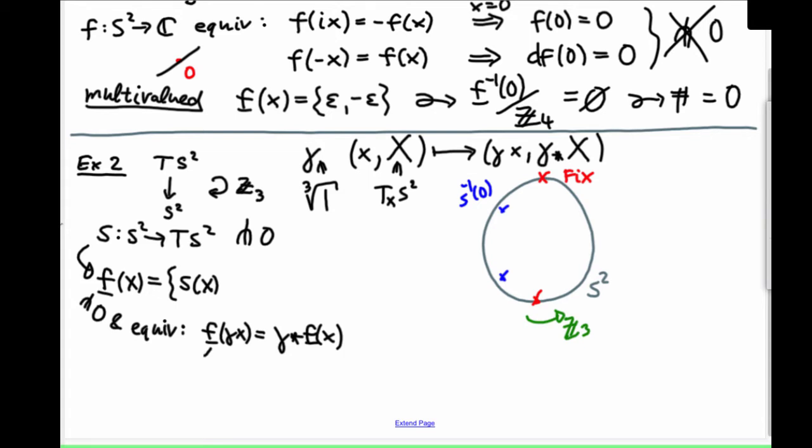This here now contains certainly the point s of gamma x, and here my first choice gives me gamma star S of x.